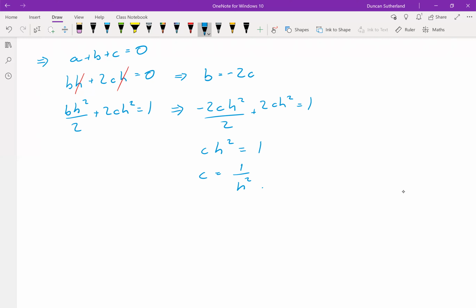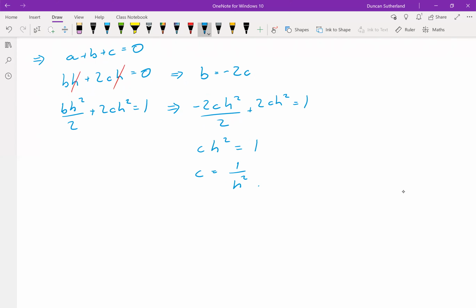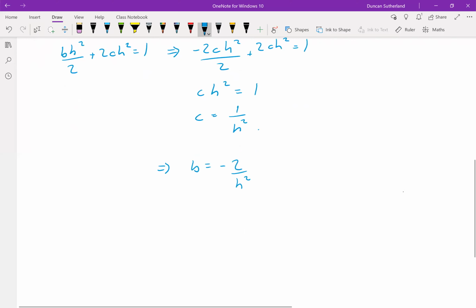Okay, so we've found c. Back substituting into the equation above gives us b. And now we can substitute values for c and b into our first equation.